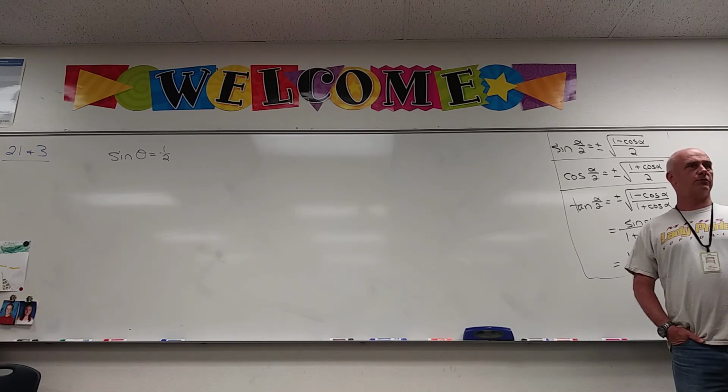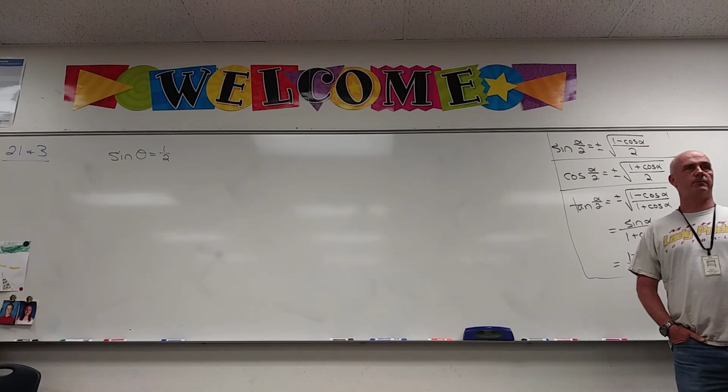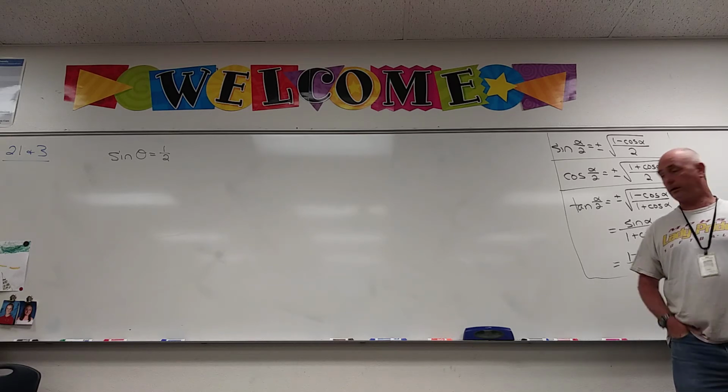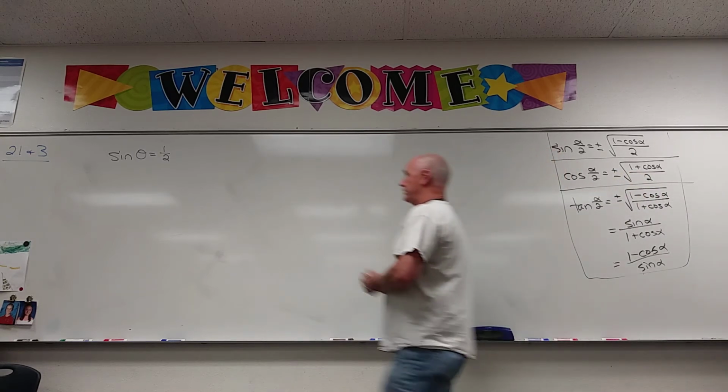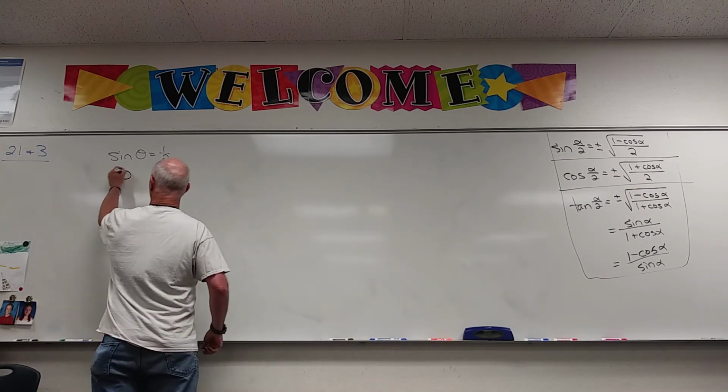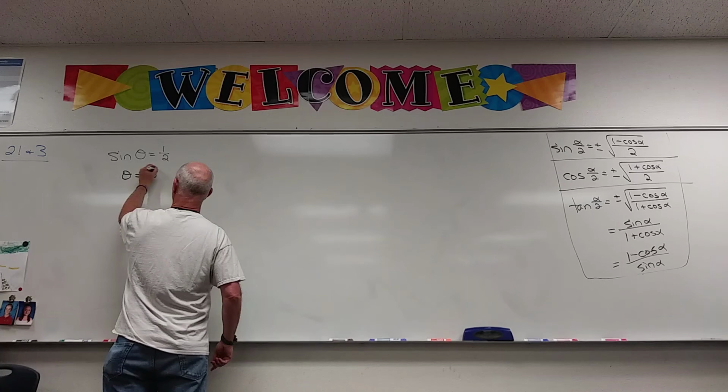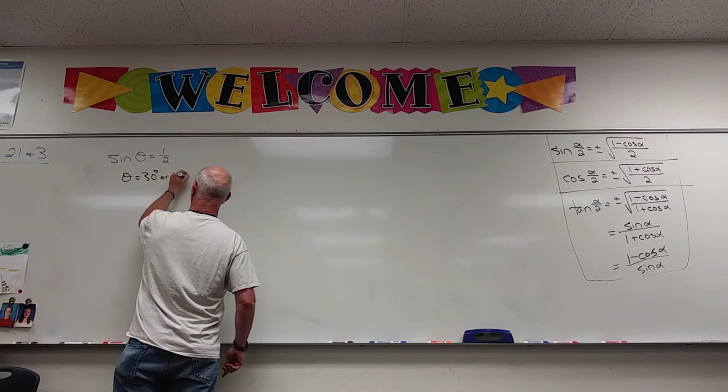It is not 210 degrees because that's quadrant 3, it would be negative. It is not 330 degrees because it would be negative. It is not 390 degrees because that would be going around the second time, and that's not what we're talking about. So you're telling me that in this problem, theta could be either 30 degrees or 150 degrees.